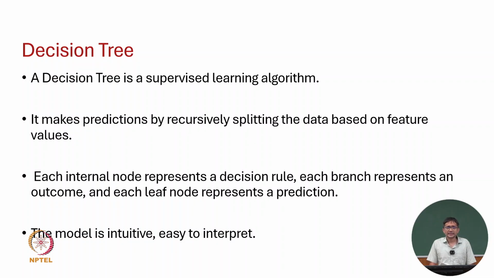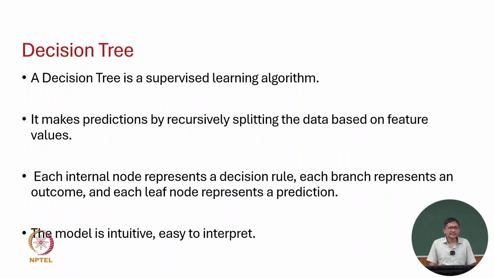It makes predictions by recursively splitting data based on feature values. Each internal node in this tree represents a decision rule, each branch represents an outcome, and each leaf node represents a prediction.